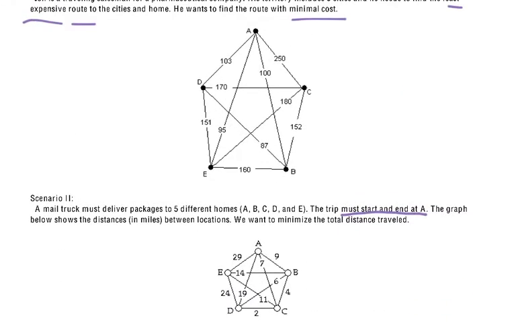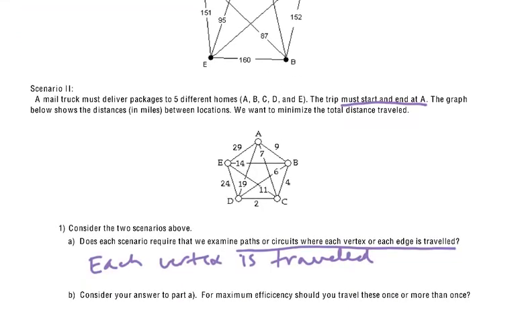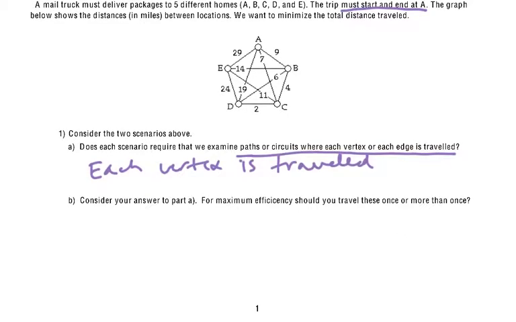The salesman must go to each of those cities and back to home. The mailman must deliver the packages to all of those houses. So therefore, each vertex must be traveled to, but you do not have to follow along every single edge.